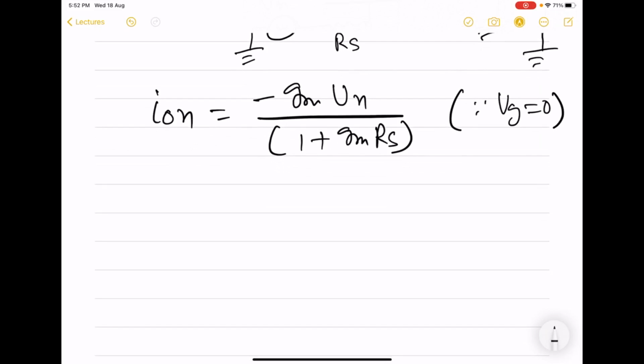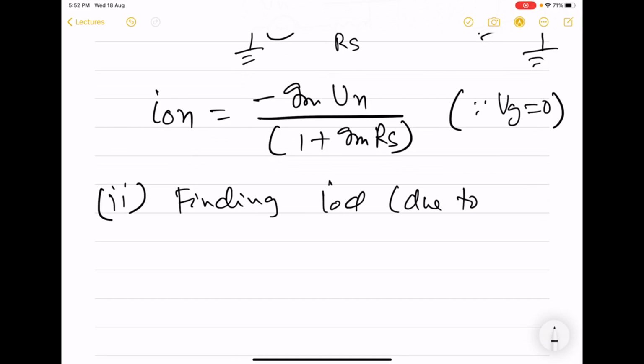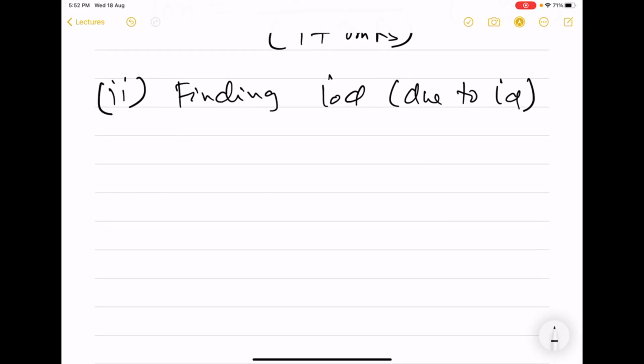Now, if we go for finding IOD, that is the short circuited output current due to ID of the MOS, the model is going to be like this.